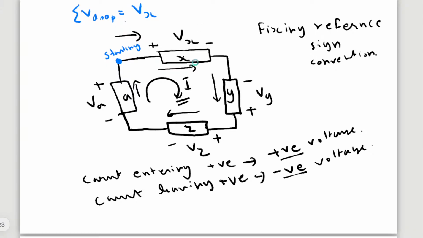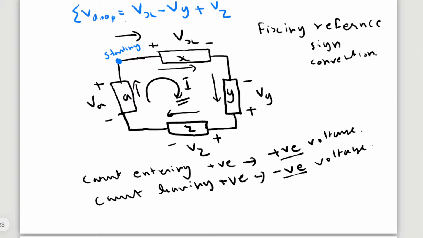Now again, this current is entering in negative, or we can say this current is leaving the positive. So here Vy can be written as minus Vy. Why? Current here is leaving the positive, so I can take this as negative. Now next current is entering positive, so I can write positive Vz.